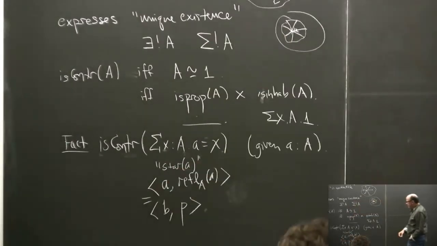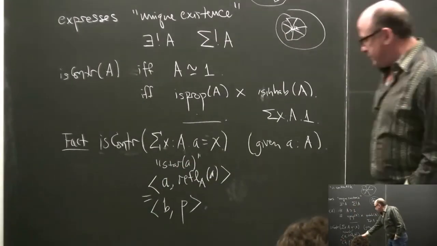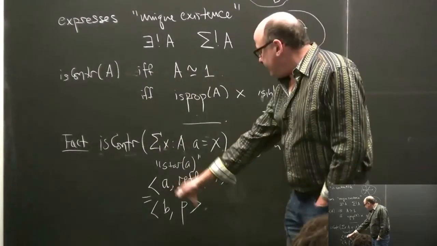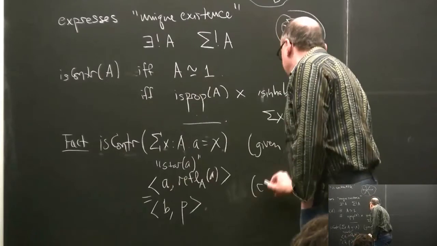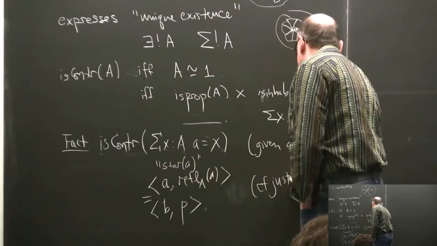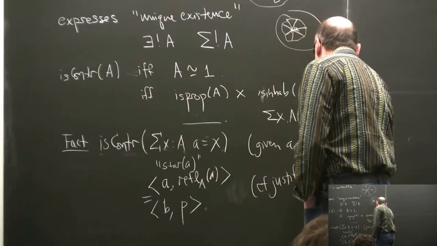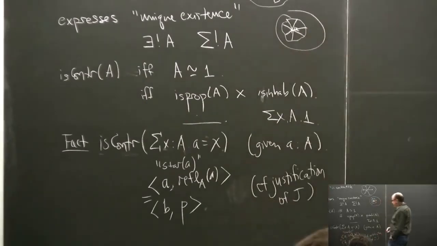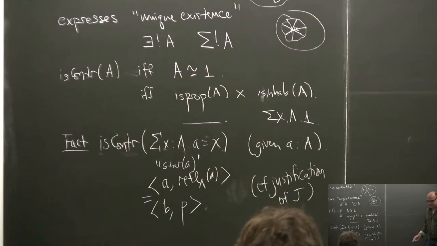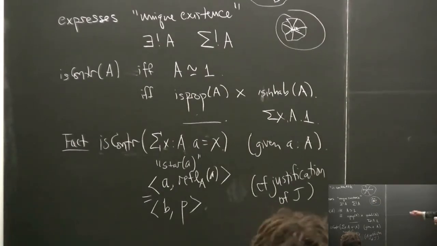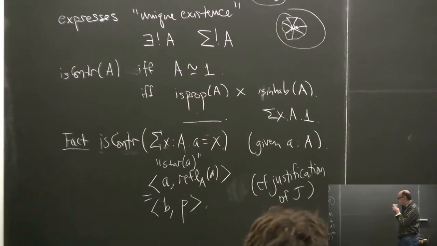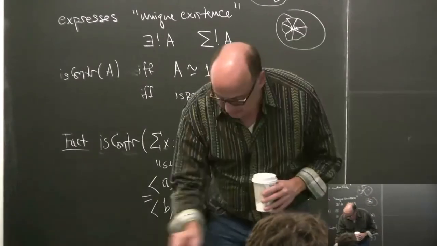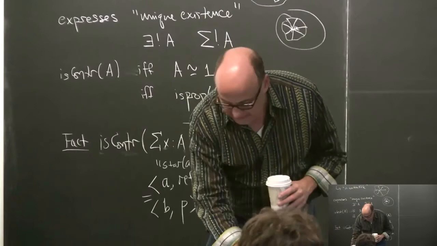So we need to show this for any such B and P. And then you do this exact same move that we did in the justification, so I won't repeat it here. I'll say cf. my discussion of the justification of J, and you'll say, oh yes, I've seen that argument before, because I gave it there, and it can be expressed here. And I think we're going to need this remark a little bit later, so I thought I would mention it. So it's sort of catching up loose ends here.